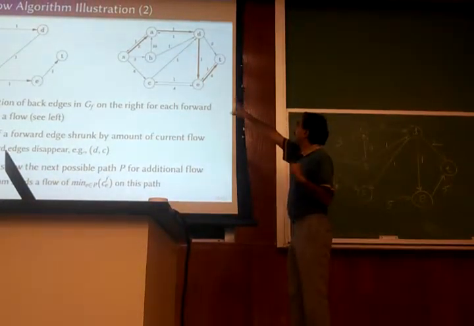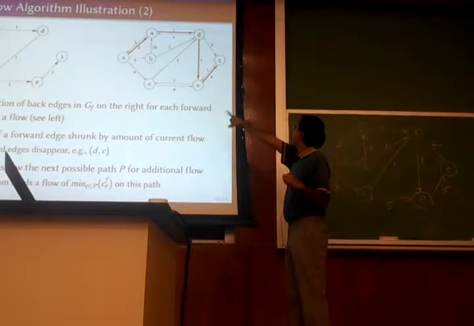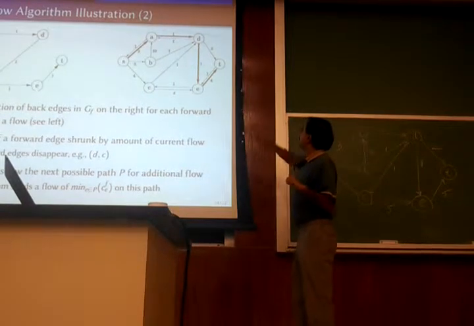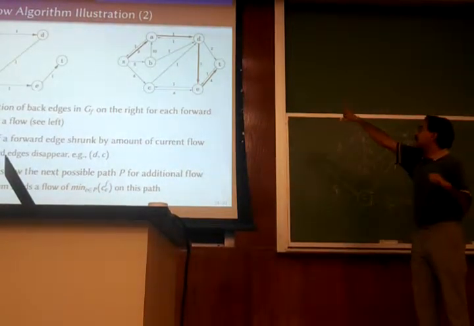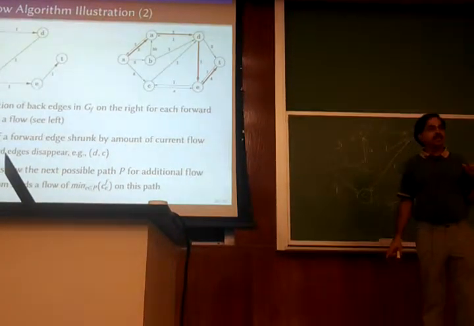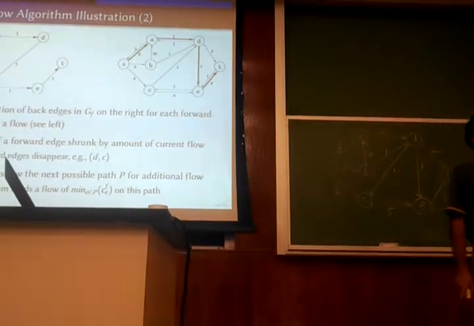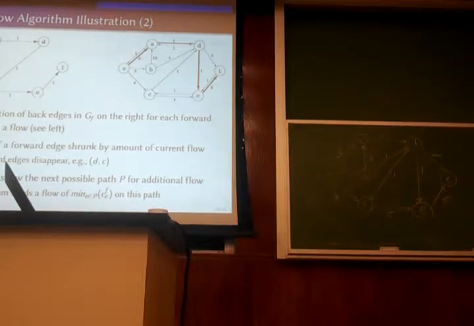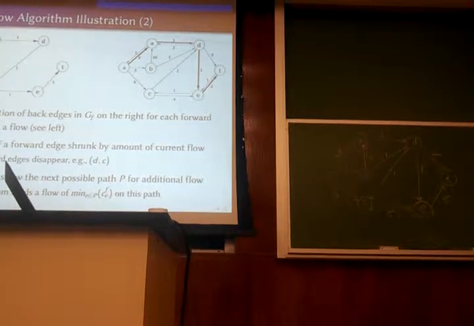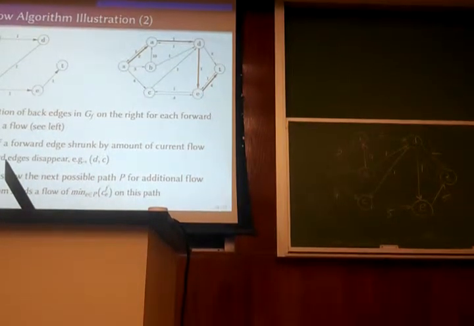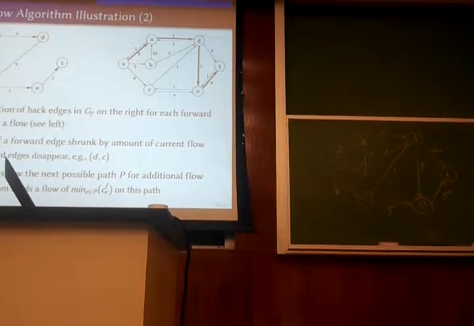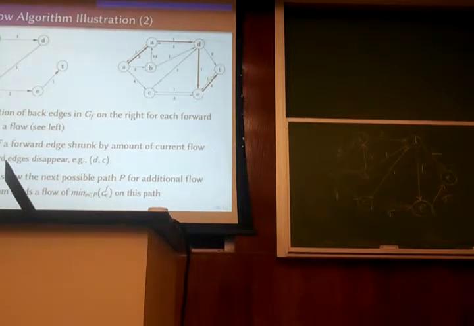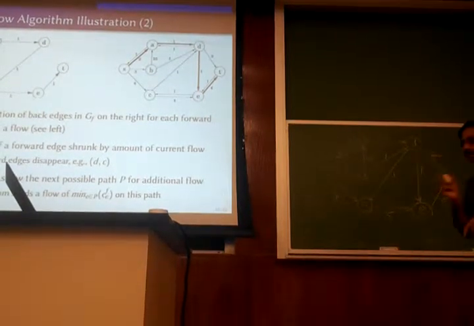Okay, so just look through S to A, and then A to D, and then D to B, D to C, and C to A, and so on, right? So you can see that in the D to C edge, there is only a reverse edge, no forward edge, because there is no leftover capacity. Right? So obviously because you pick the minimum, there's always going to be 1 edge on the path, which is going to be at its capacity, and therefore it's going to have only an inverted edge. Everything else is going to have both forward and backward edges. Okay?